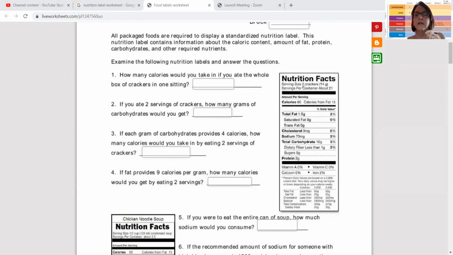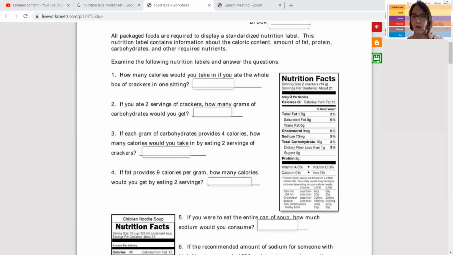It says the whole box contains 21 servings. And this means that if you eat the whole box, you are eating 21 times the amount of everything listed in the table. So, for example, the question says, how many calories would you take if you eat the whole box of crackers?